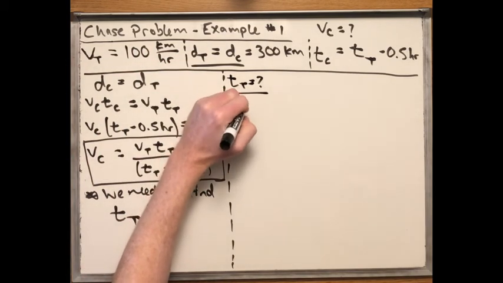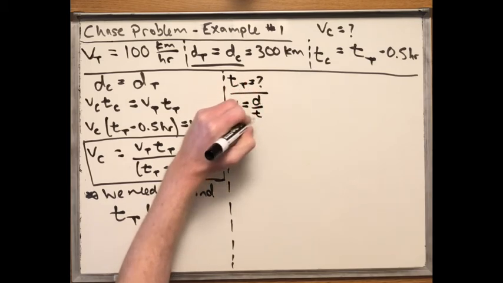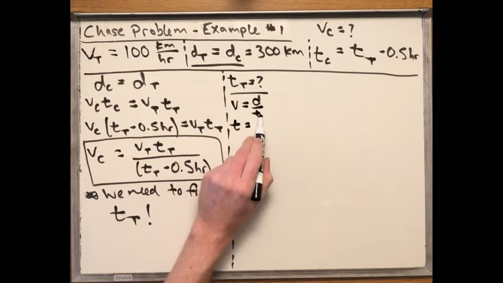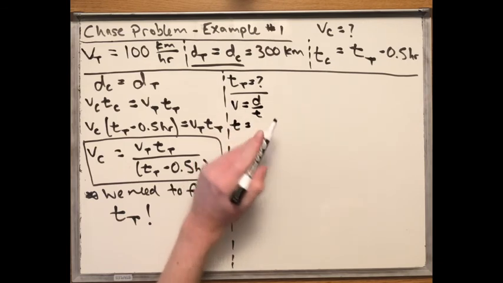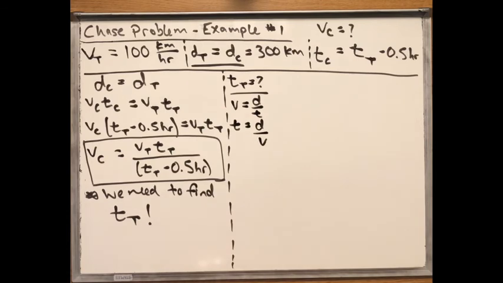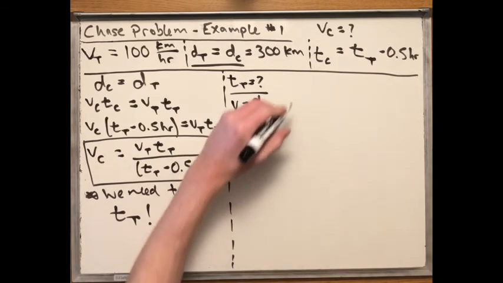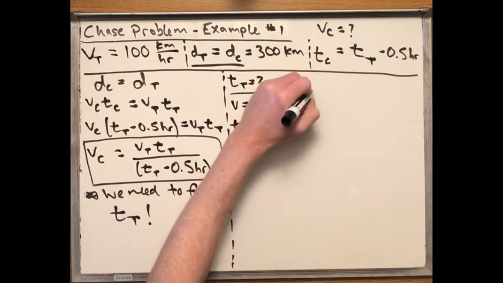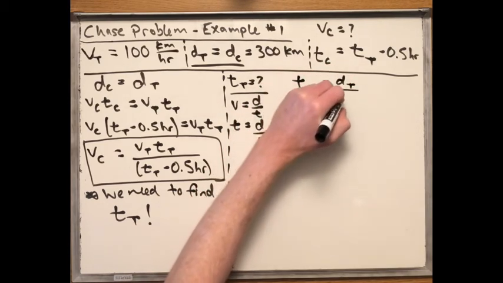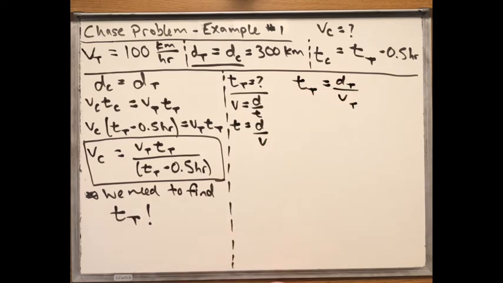So since v equals d over t, by solving this equation for t, bringing the t up and over and the v down below, t is equal to d over v. So I'll rewrite this over here as the time for the thieves is equal to the distance for the thieves over the speed of the thieves.